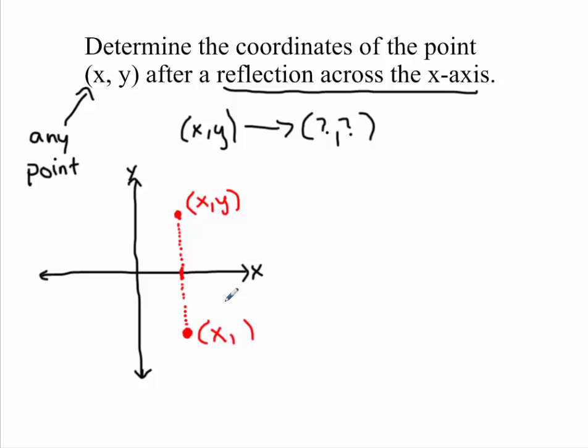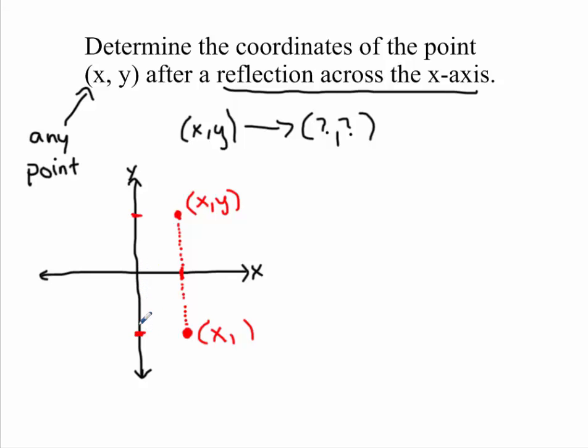And then next, I want to see what happens to the y values. If you look at the y value for this point, that'd be over here. I can see y is positive. And then I look at the y value for this point. Well, this here is a negative value.